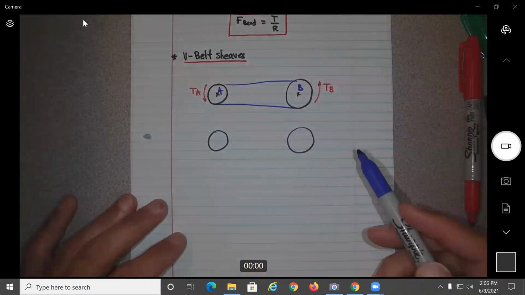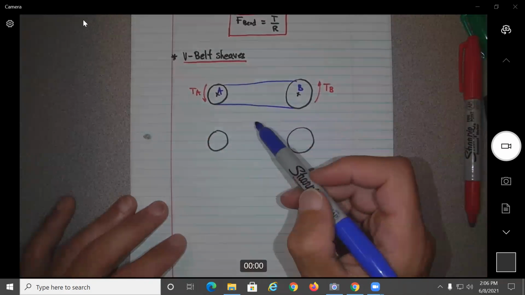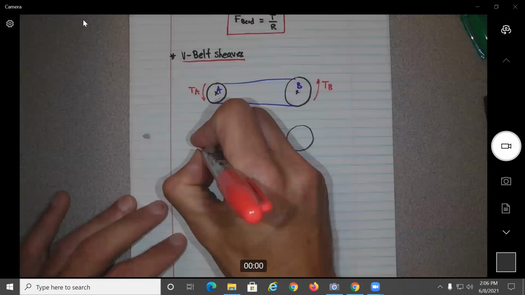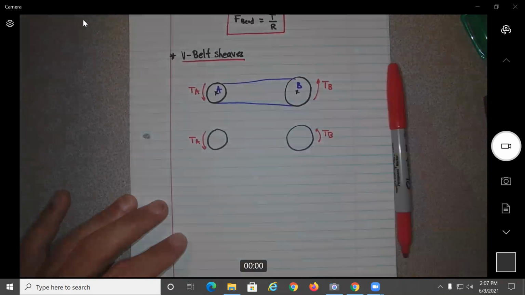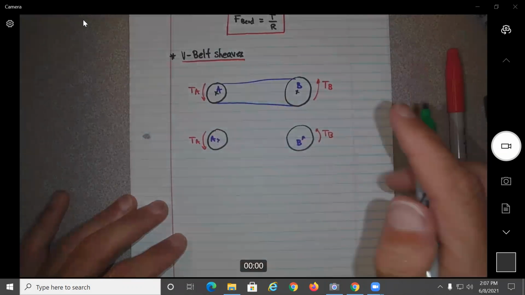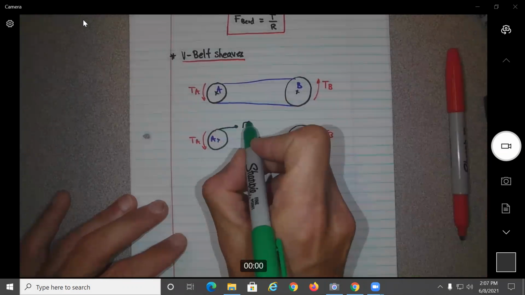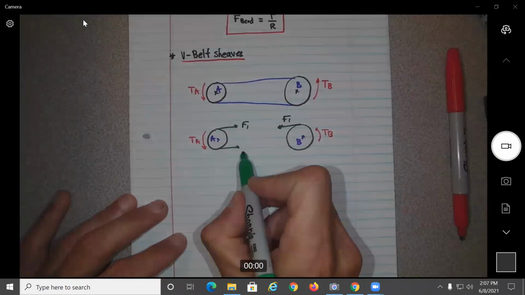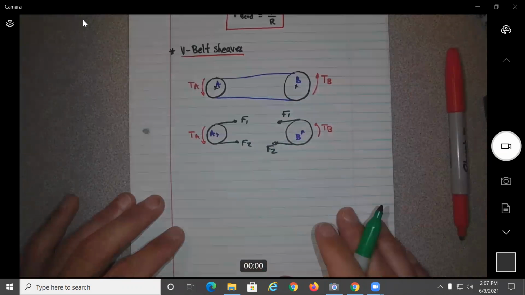So now on a V-belt, do you have a tight side or a slack side? Generally, they will be the same, no? In this case, the only difference will be that you will have here T_A, T_B, but then you will have here F_1, F_1, F_2, F_2.